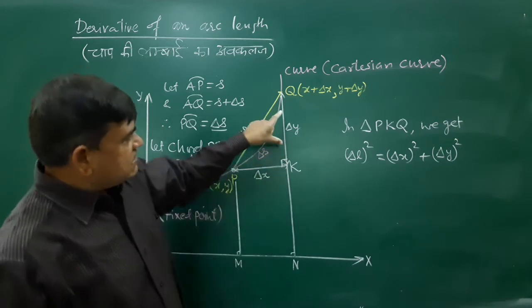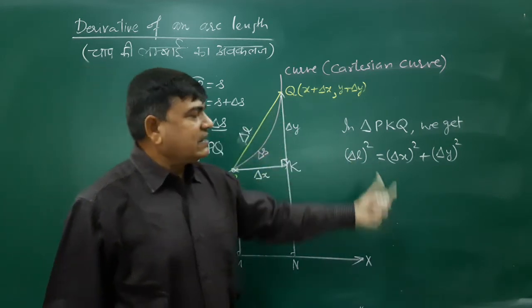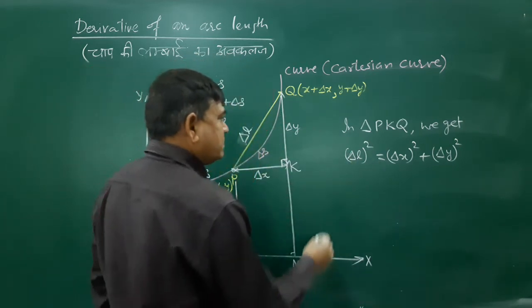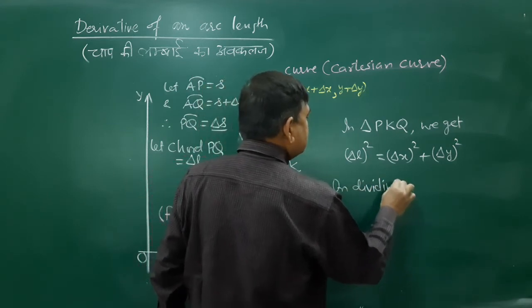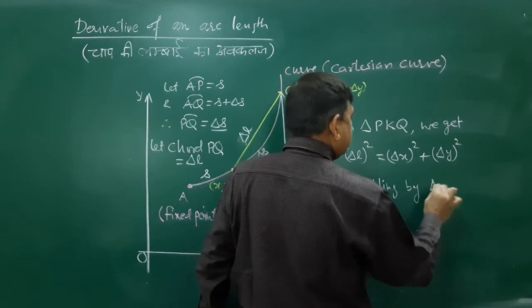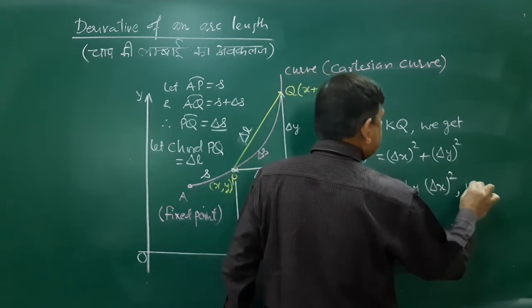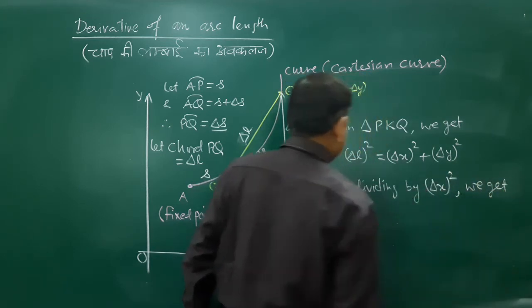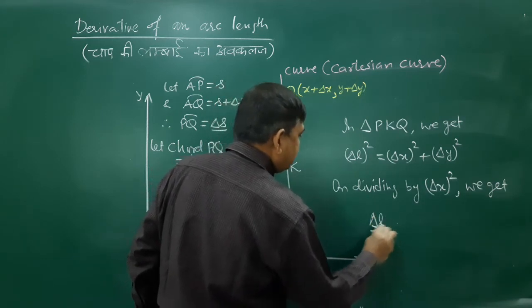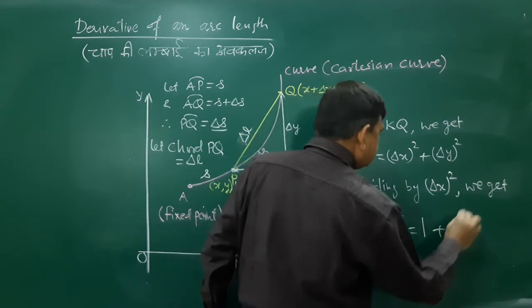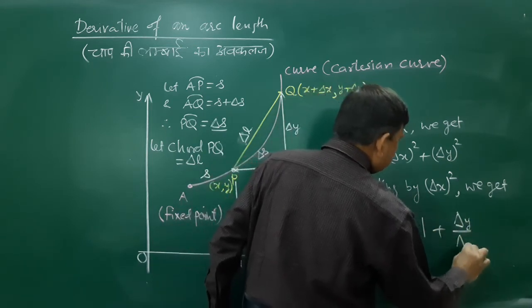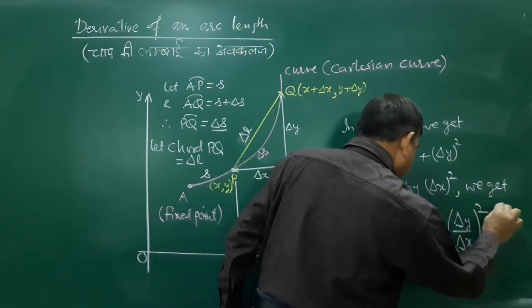Delta x whole square plus delta y whole square equals delta L whole square. On dividing by delta x whole square, we get delta L upon delta x whole square equals 1 plus delta y upon delta x whole square.